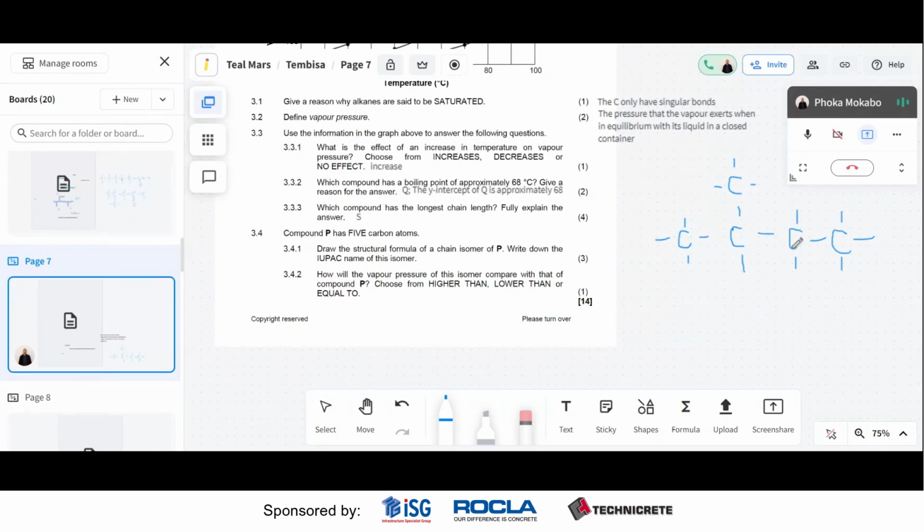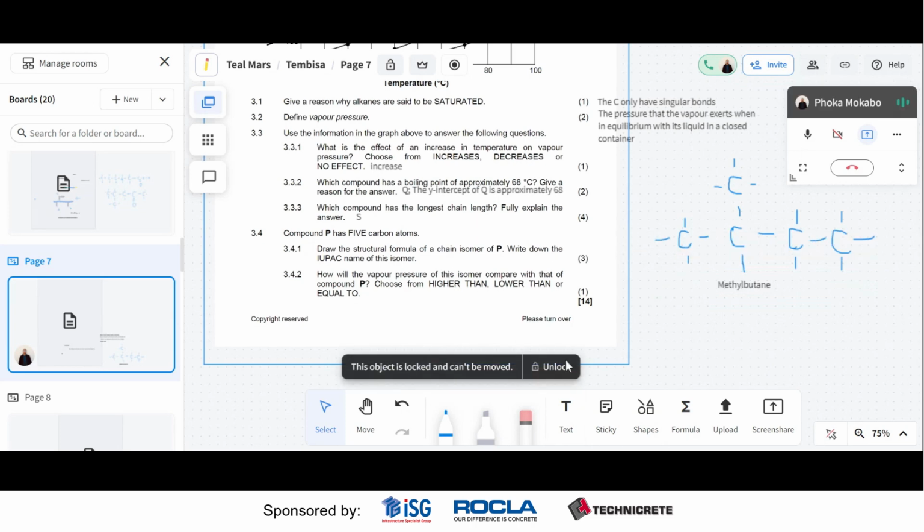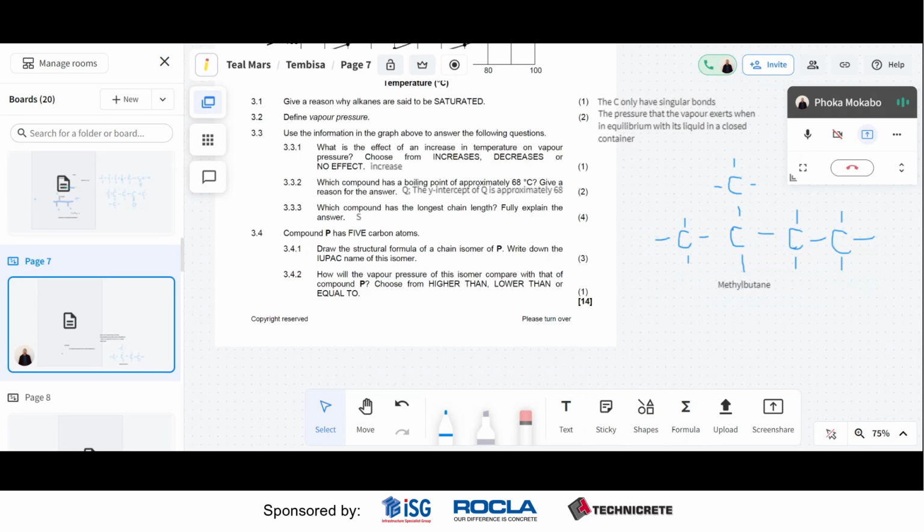And the reason why I choose this type is even though we have a branch over here, look at what I write down for the name. Methyl butane. And I write it down without any position number for the branch.